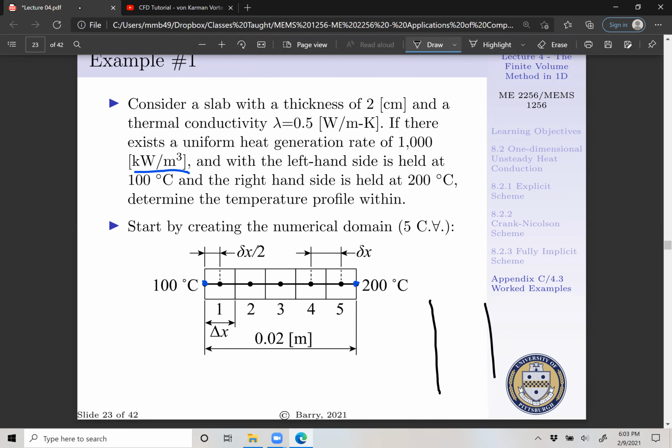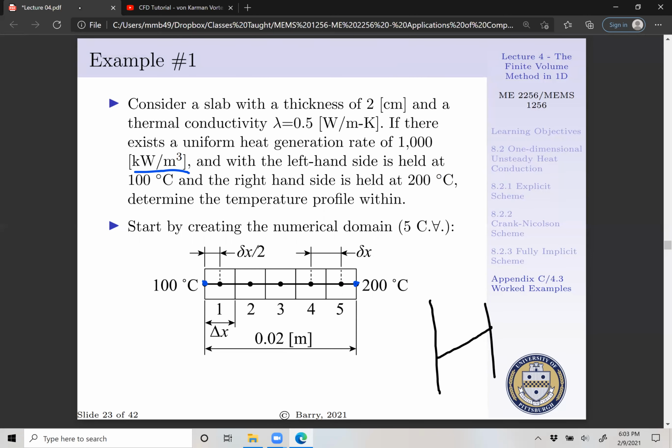So realistically, if there was no volumetric heat generation rate, you would expect a linear temperature profile. But depending upon the strength of this, we might have a nonlinear temperature profile. And it might be skewed since our right-hand side is held at 200 degrees centigrade and our left-hand side is held at 100 degrees centigrade. Now, we can solve this analytically.